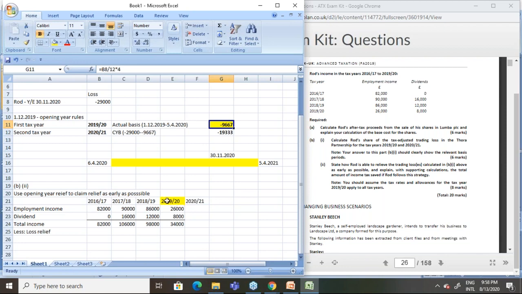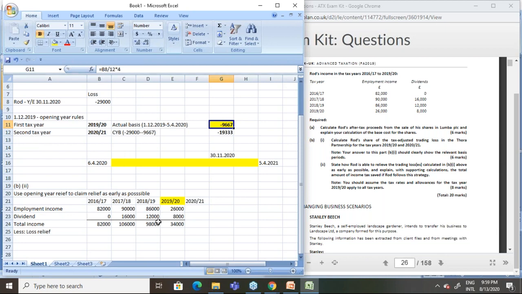That loss you can carry back for a period of 3 years to set off against the total income according to first in, first out basis. So when you apply the first in, first out basis, you have to start with the earliest year first, that means 16-17. So for 2019-20, you have a loss of 9,667, which you have incurred within the first 4 tax years of the business.